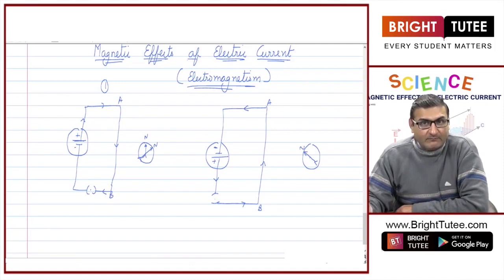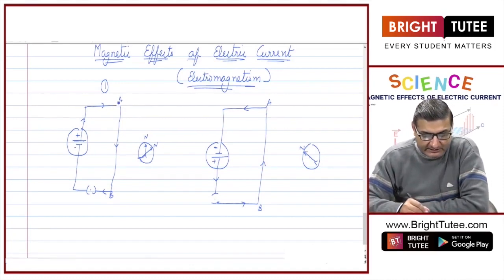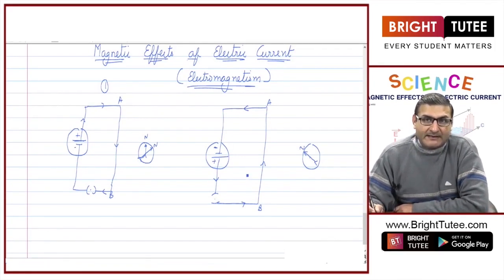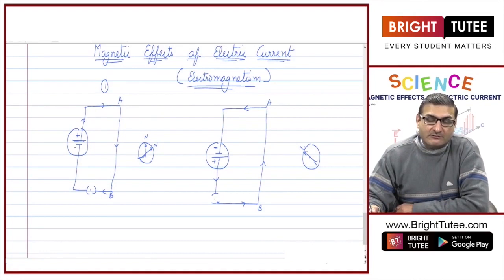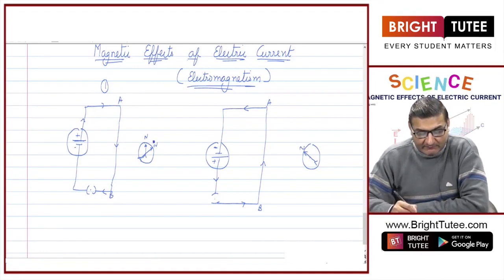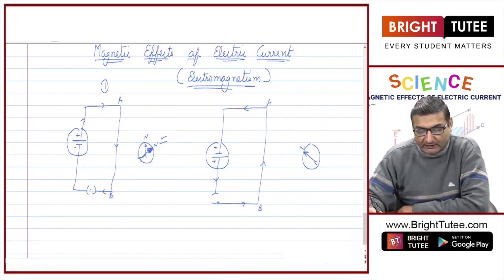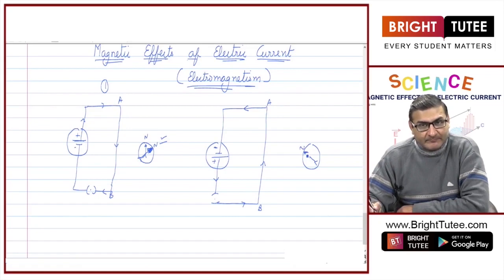But the second most important thing that we conclude is, on changing the direction of current, the direction of the magnetic field is also changed, which is evident from the fact that initially the magnetic compass deflected towards one direction. On changing the direction of current, it deflected towards the opposite end, right?